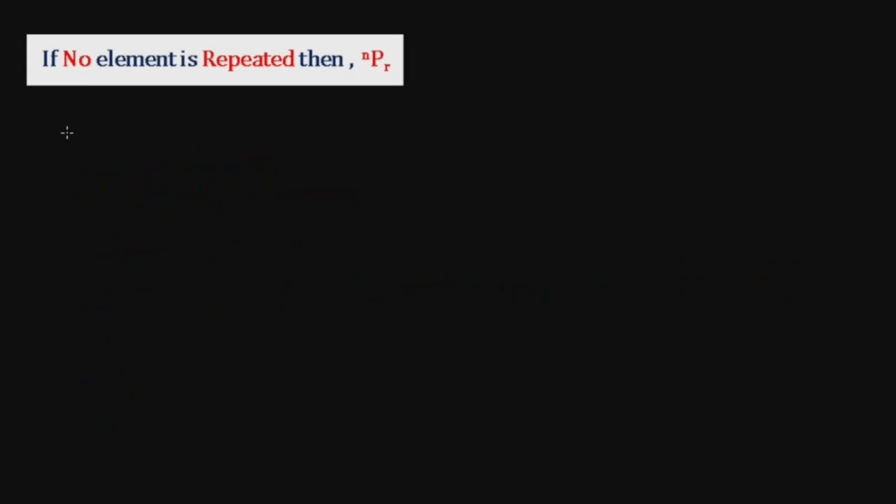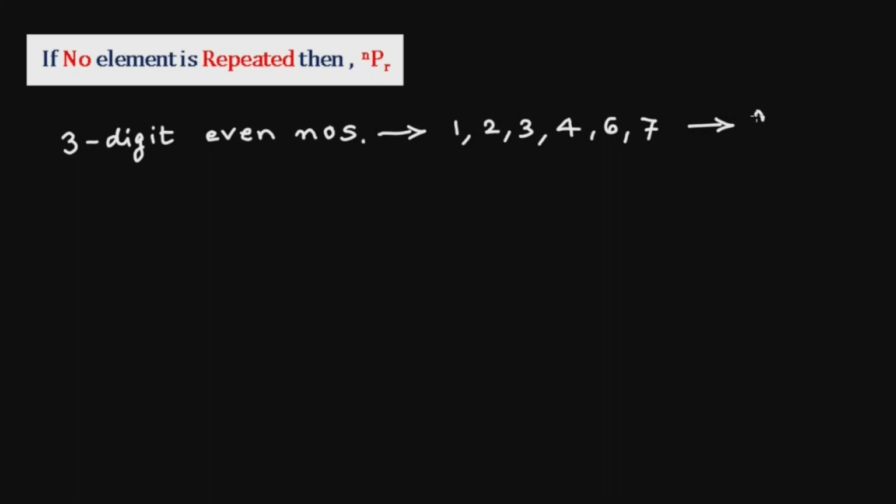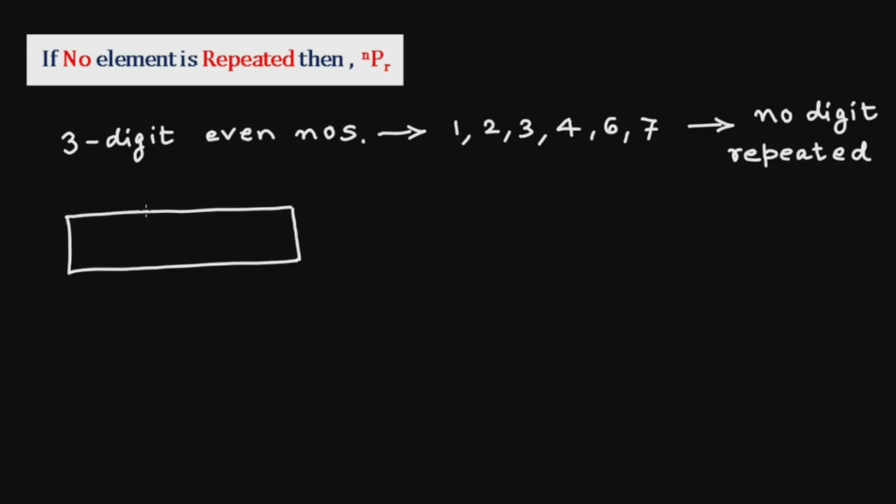We have to find 3-digit even numbers from the digits 1, 2, 3, 4, 6, 7. If no digit is to be repeated for a 3-digit number, we have to fill 3 vacant places. Units place must be filled with either 2, 4 or 6. That means in 3 different ways. Now we are left with 6 minus one of the digits filled in the units place, 5 digits.